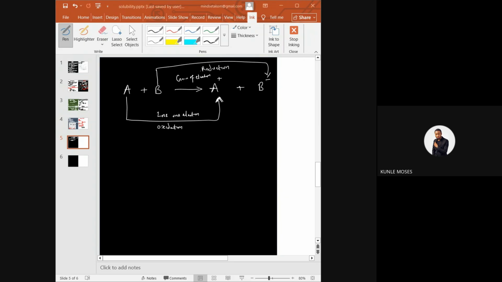So in terms of addition of oxygen, let me just do this for you so that you can get it in full. Oxidation. In terms of oxygen, it is addition of oxygen.